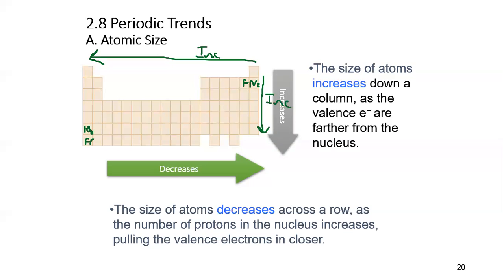So the more valence electrons you have, the more they can overcome those inner electrons that shield them from the nucleus. Fluorine and neon are some of your smallest elements, whereas rubidium and francium are some of the larger elements. So it increases down a group, and if you're going from left to right, it decreases. If you go right to left, it increases.